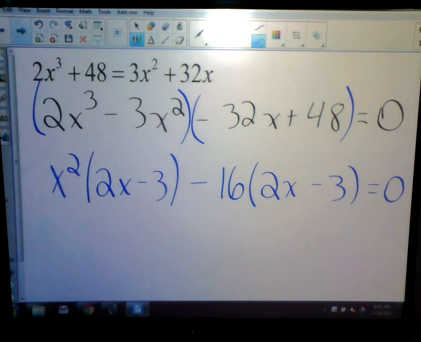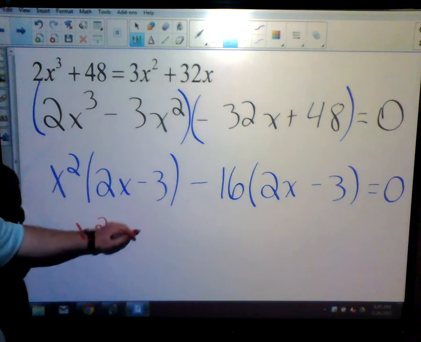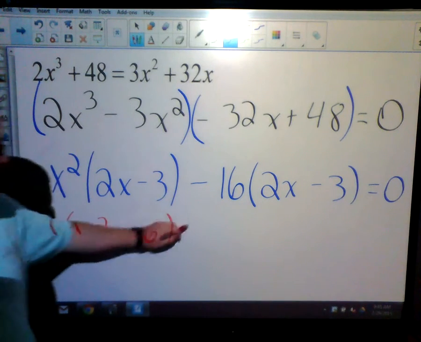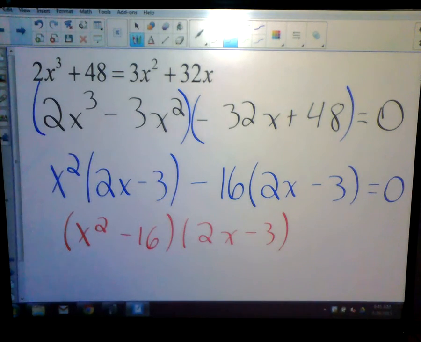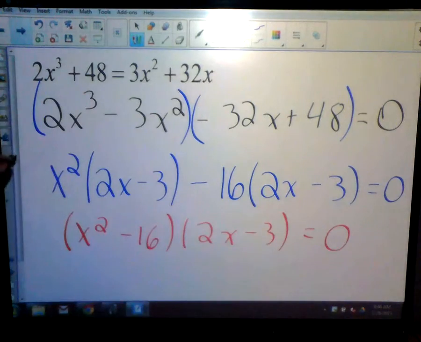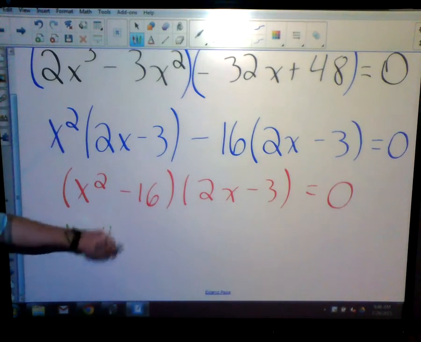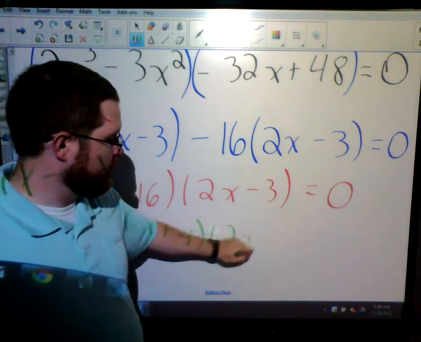Do those insides match? They sure do. X squared minus 16, 2x minus 3. Can I factor any further? Yeah. The x squared minus 16 will factor into x minus 4, x plus 4, 2x minus 3.